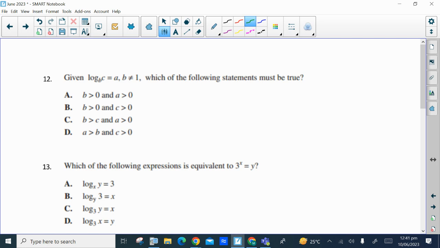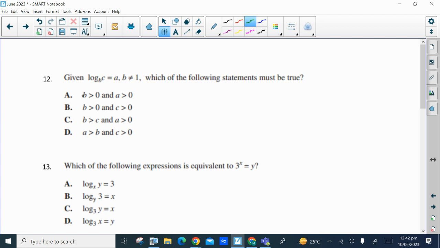We also saw sometimes when you take the log, you can get a negative answer. So a can be negative. So b and c both have to be greater than 0, but a can be greater than 0 or less than 0.